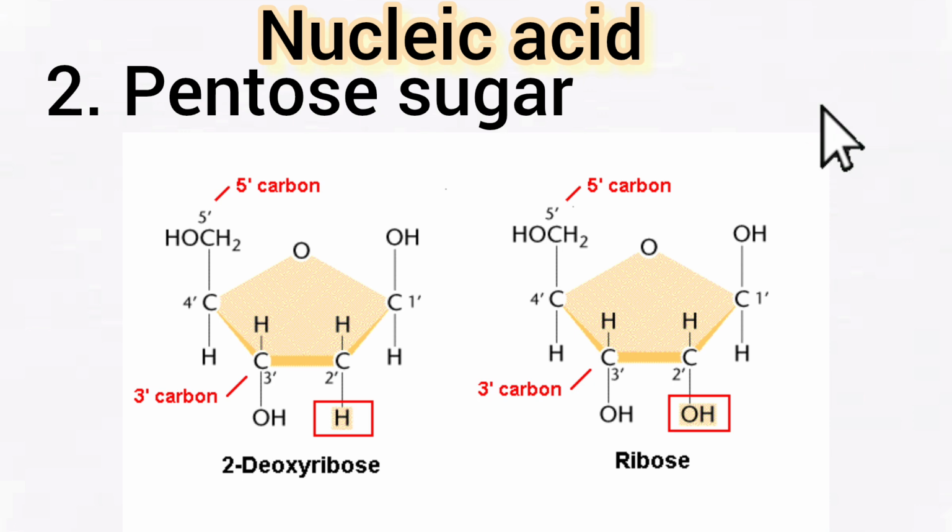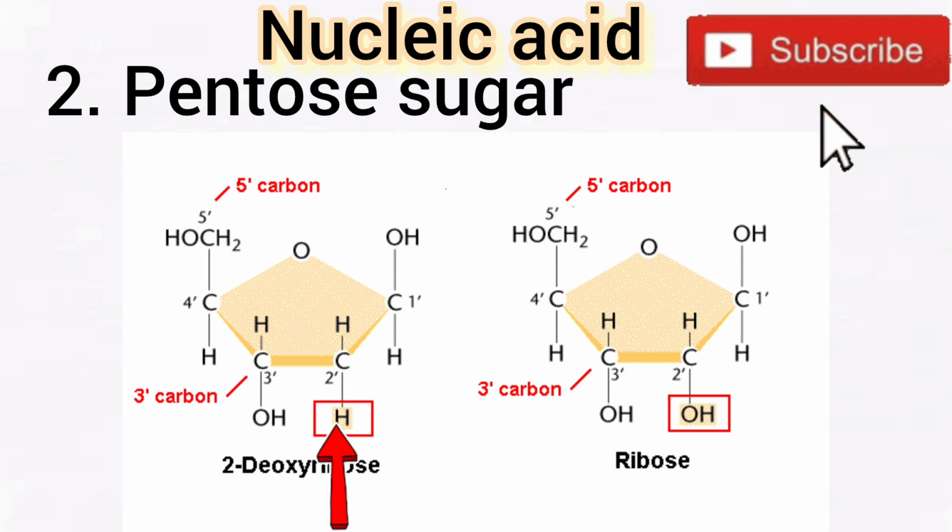In the deoxyribose sugar, oxygen atom is not present in the carbon 2 but hydrogen atom, while in the ribose sugar, hydroxyl group or oxygen atom is actually present in the carbon 2 in the form of hydroxyl group. Note that DNA possesses deoxyribose sugar and RNA possesses ribose sugar.